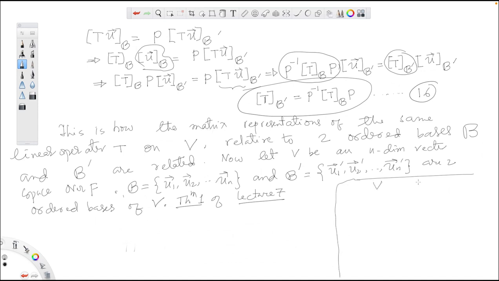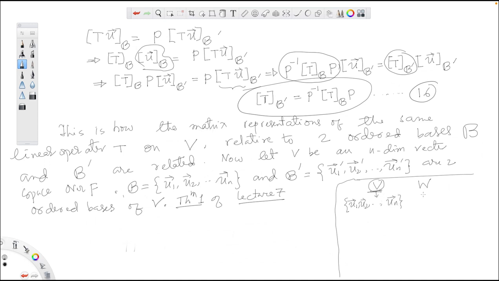V was taken to be a finite dimensional vector space, and W is any vector space, both defined over the same ground field F. Since V is finite dimensional, we choose its dimension to be n. So any ordered basis of this vector space consists of n vectors. We choose that ordered basis to be u1, u2 all the way up to un.